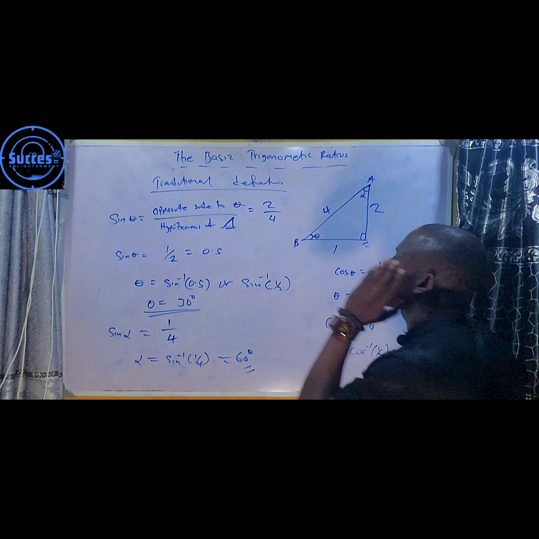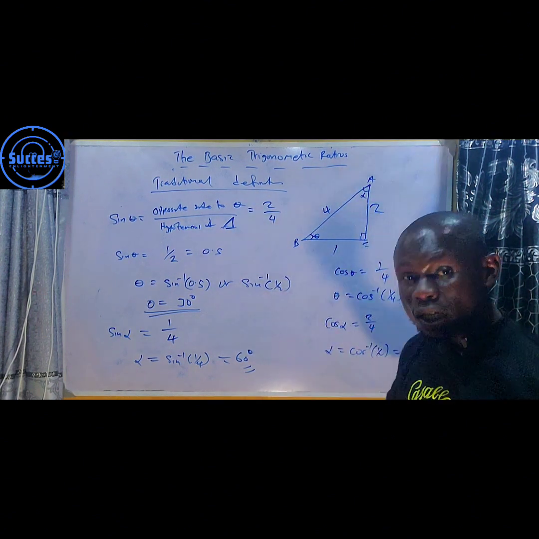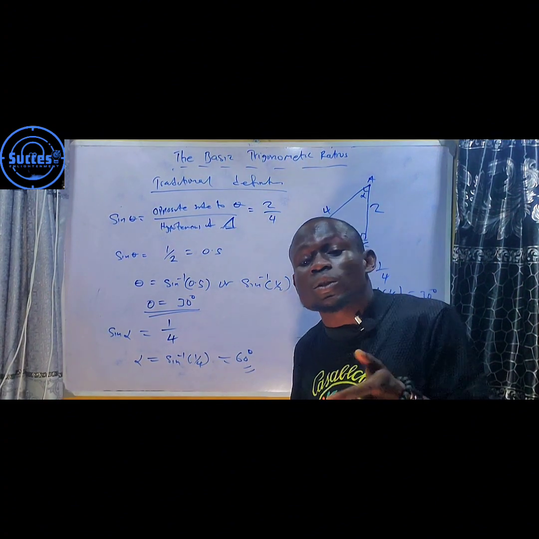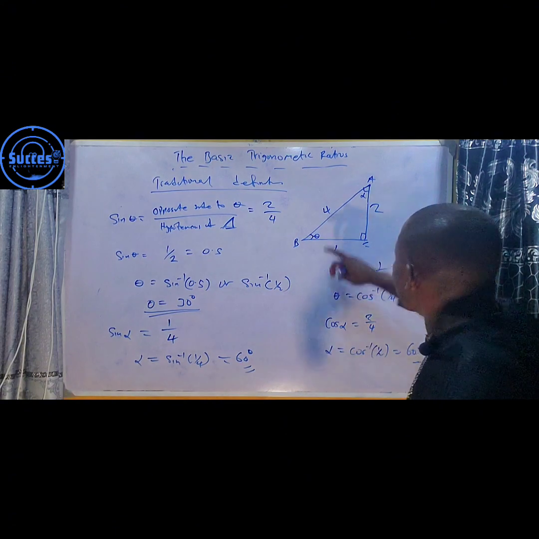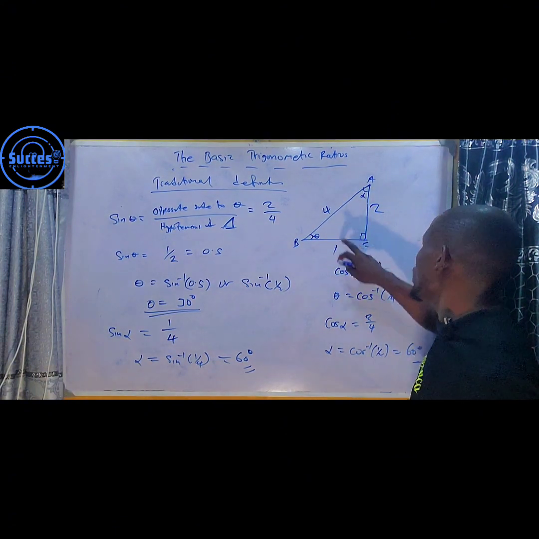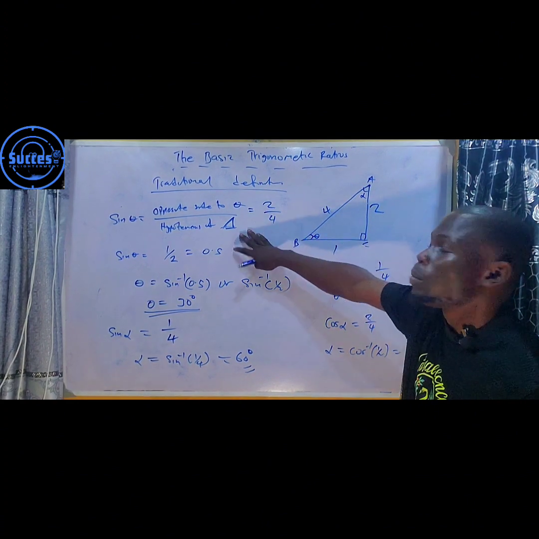So you can apply this traditional definition: sine equals opposite over hypotenuse, cosine equals adjacent over hypotenuse, and tangent equals opposite over adjacent. When they give you at least 2 of the sides and you have to find the angles, you can apply this method.